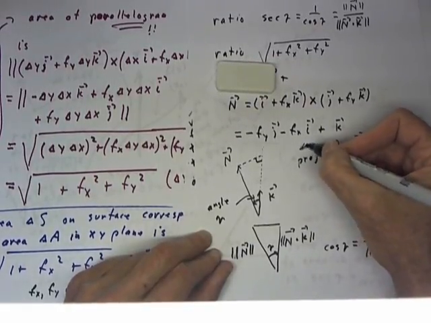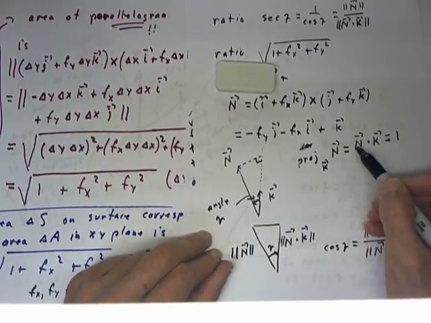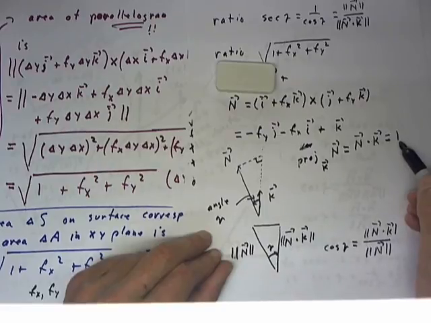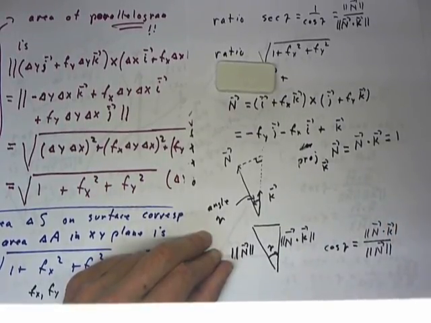And that is not a vector projection. Please ignore my statement that it was. To get the vector projection, we would then multiply this by the unit vector in this direction, by k.